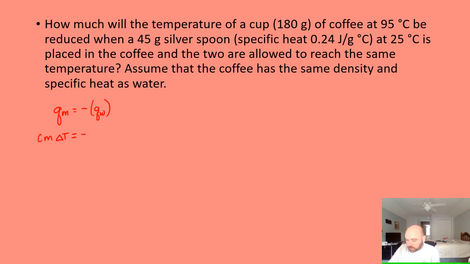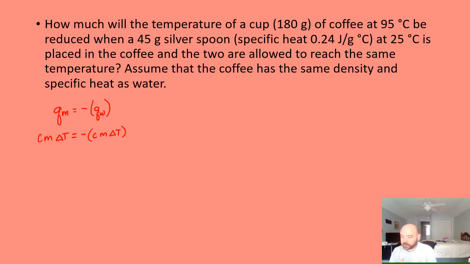Again, we do the specific heat times the mass times the change in temperature for the water as well. Solve for the variable we don't know. In this case, we want to know what temperature they get to, and so we want to know the equilibration temperature. And let's see how that looks when we work it out.